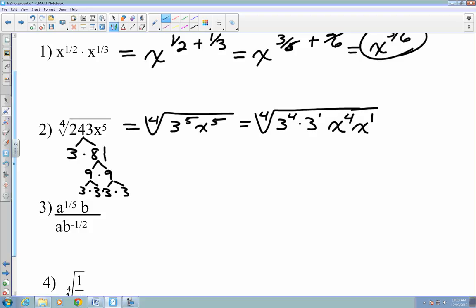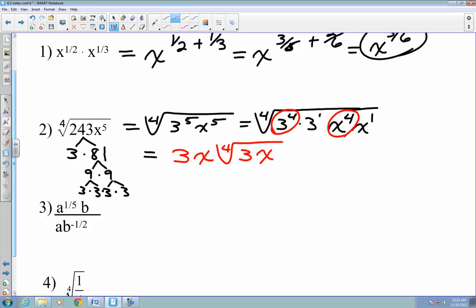So now I look at the ones that match. This 4 matches with that 4, so that 3 can come to the outside of the radical. Over here, I have an x to the 4th that matches with that 4, so that x can come outside the radical. Whatever's left has to stay underneath the radical.